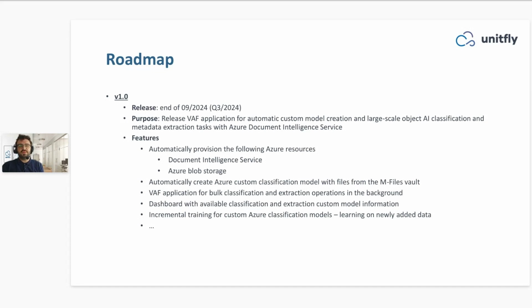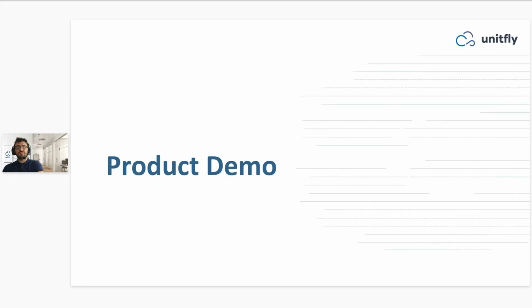This version of the VAF application also corresponds to the bulk classification, extraction of data, and everything in the background, creation of line items that I already talked about. Also, a dashboard with available classification and extraction models on your Azure resource that you already have.